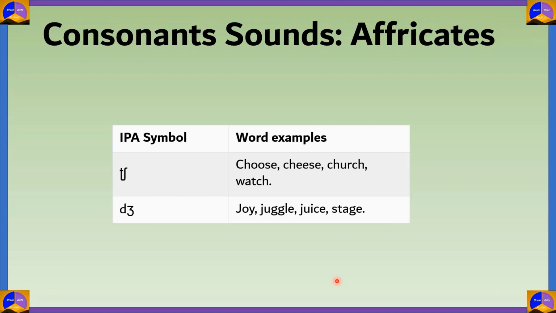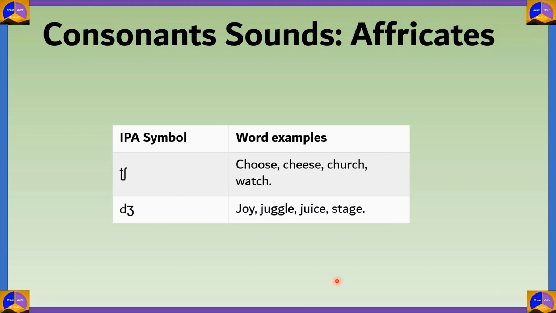Now, the second affricate is voiced, and it's also using the same technique in order to pronounce the sound. The sound that is formed is j, j. The first one is ch, and the second one is j.